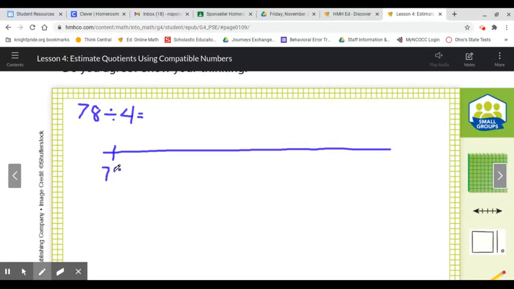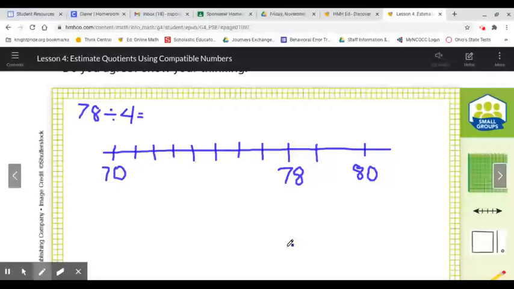Okay, would you agree that the number 78 falls somewhere on a number line in between the numbers 70 and 80, right? Okay, we might have 71, 72, 73, 74, 75, 76, 77, 78, 79, 80. I made my number line a little long there. Okay, so this would be 78 right here.